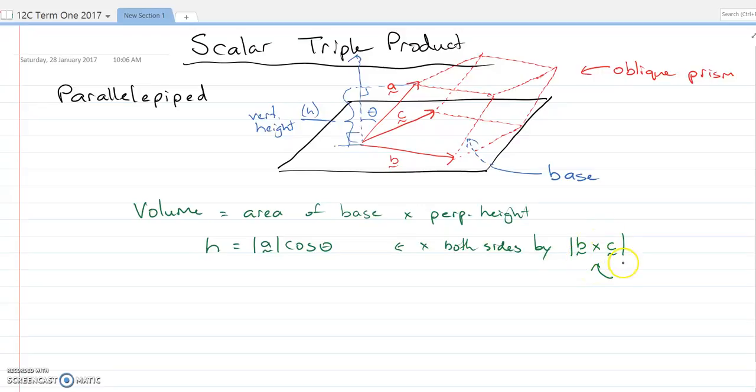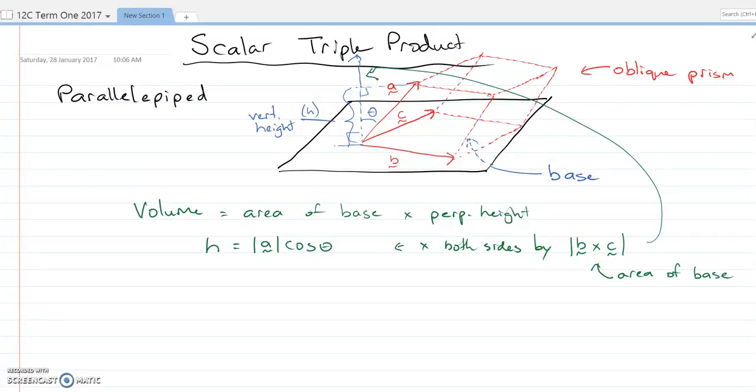Now remember that cross product, this is the area of the base. Alright, and this also refers to this vector here, because that perpendicular refers to the length of that vector.